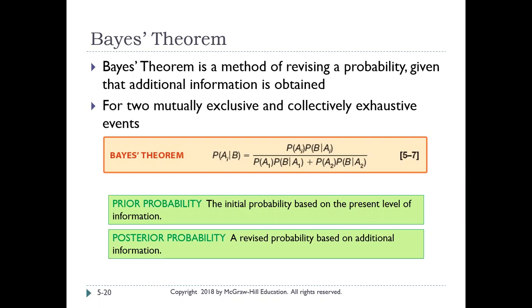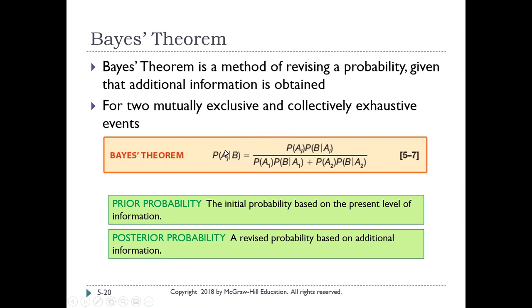For two mutually exclusive and collectively exhaustive events, we can write down this formula. The probability of A sub i, which we'll call A sub 1 and A sub 2, given extra information B, is going to be equal to the probability of A. So keep track of this A and this B. We're going to have the probability of A times the probability of B given A. So this is a reversed version of this.